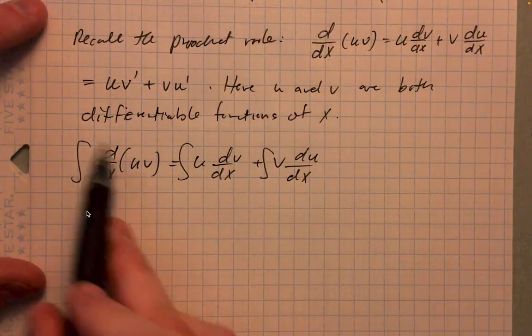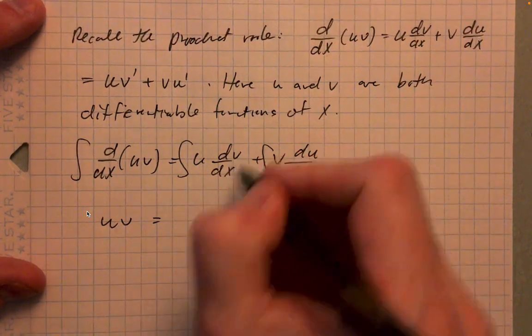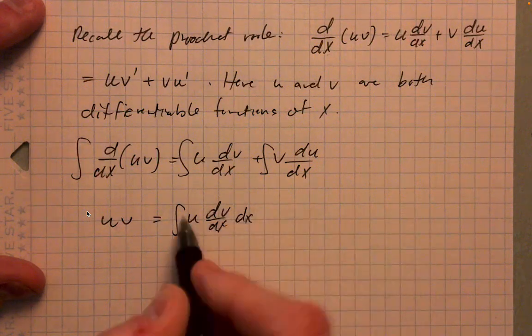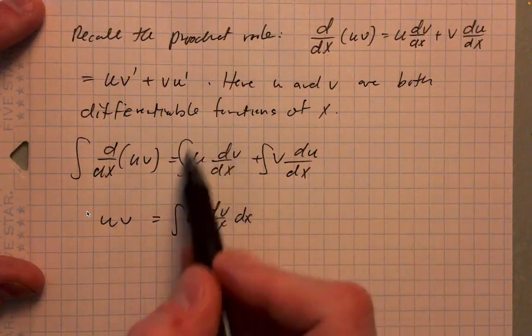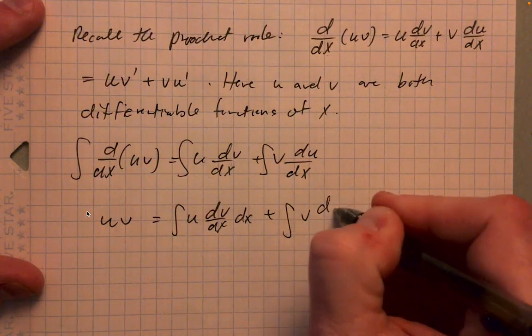This here is just uv. Now what happens over here? Remember, we're differentiating with respect to x, so this would be dv/dx dx. Integrating this with respect to x, and here we're also integrating with respect to x.